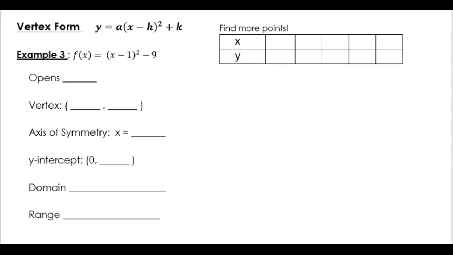One more example. Open up or open down? A is equal to 1. If there's no number written in front of the parentheses, the A is 1. Can you tell me the vertex?